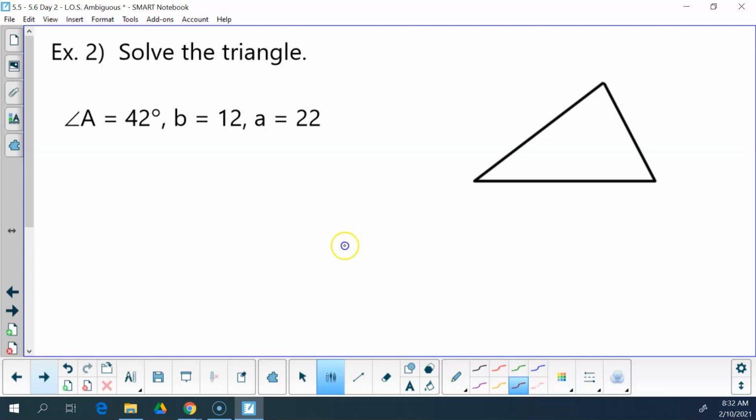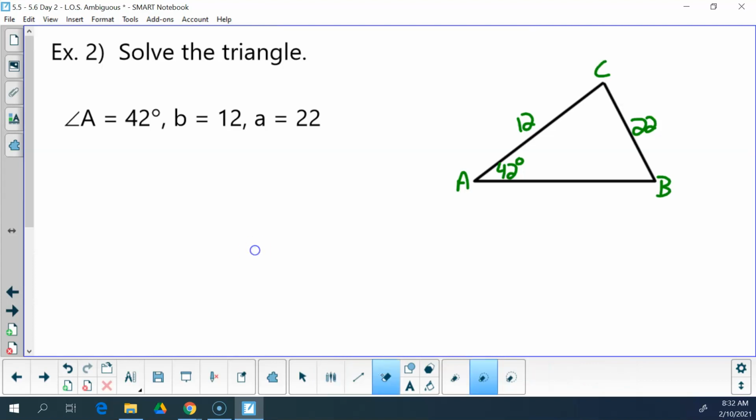Then I would go through and I would label. Angle A is 42 degrees. Side A is 22. And then either one of the other two sides can be the 12. So since that's B, we'll call that C.